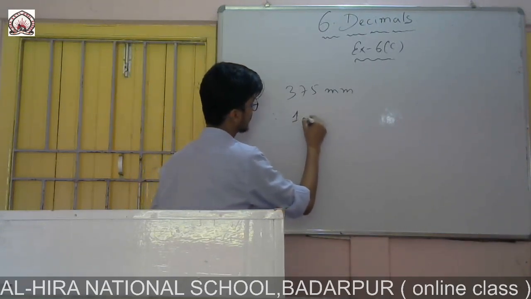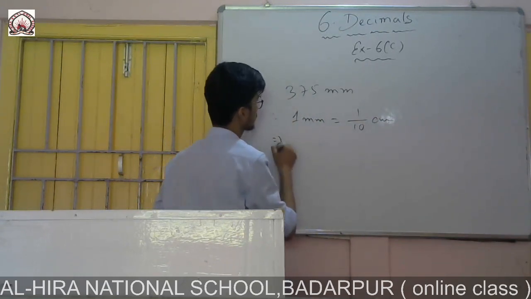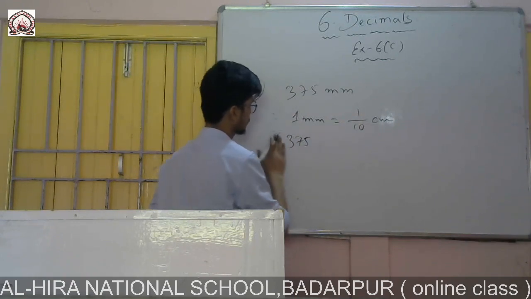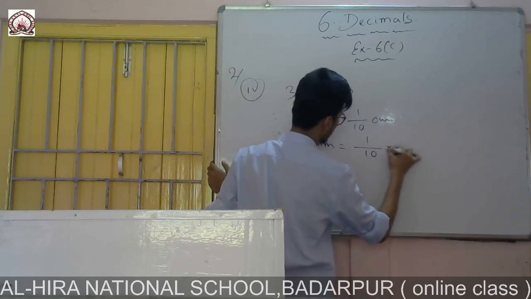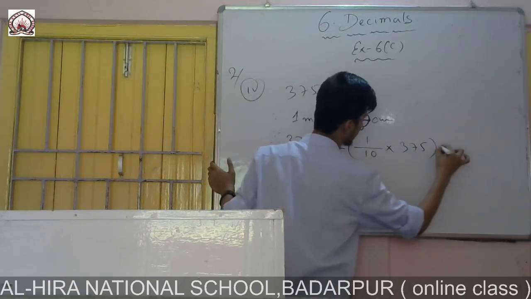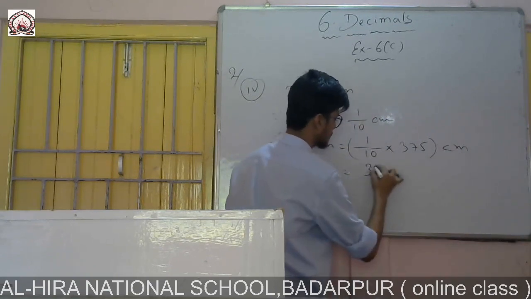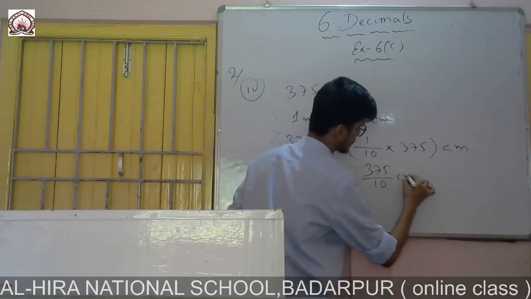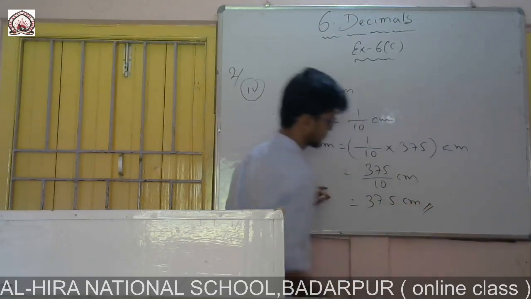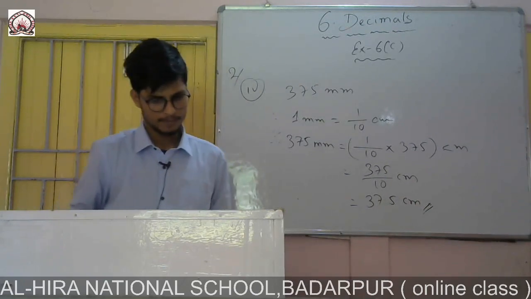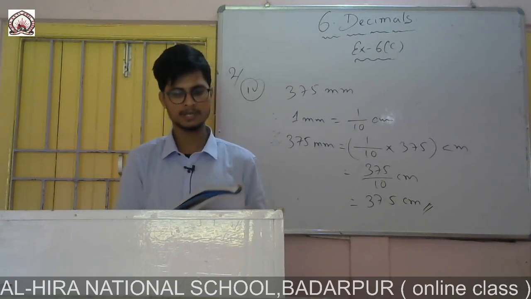Since 1 millimeter equals 1 by 10 centimeter, 375 millimeter will be equal to 1 by 10 into 375 centimeter, which is 375 by 10 centimeter, which I can write as 37.5 centimeter.